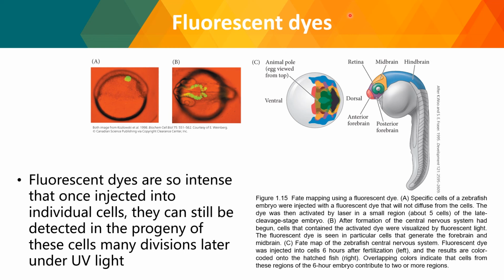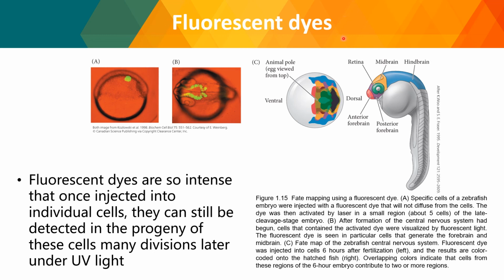So, one solution that they have for this one is the use of the fluorescent dyes. So, these fluorescent dyes are not so intense that once injected into individual cells, they can still be detected in the progeny of these cells, even if there has already been many divisions after the induction. Okay? So, in this one, you will be able to see the fate or the pathway of the dye using UV light.